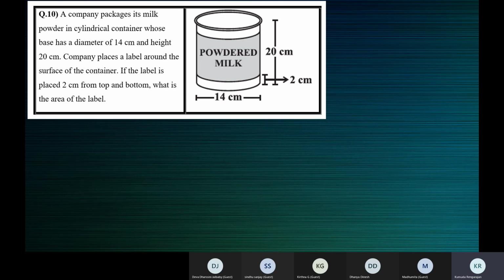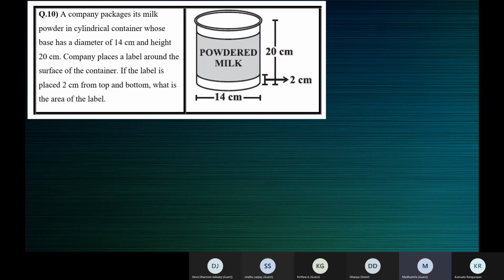But when this label goes around the body of the cylindrical container, the label also looks cylindrical now. Yes or no? Yes, ma'am.